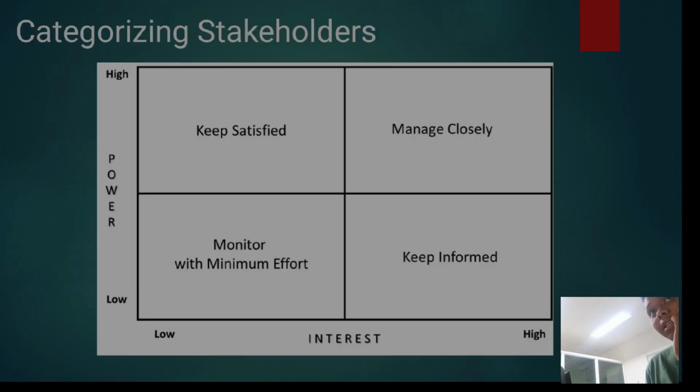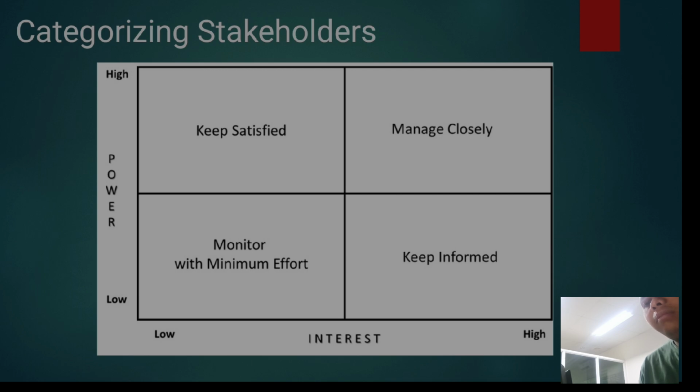So when we categorize the stakeholders, the power and interest tool is formulated in order to categorize our stakeholders. So in the diagram, as you can see, there is high power and high interest. So these are the type of stakeholders that should be managed closely.